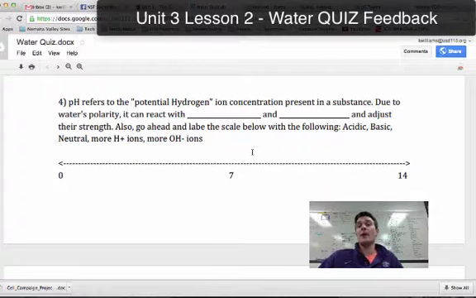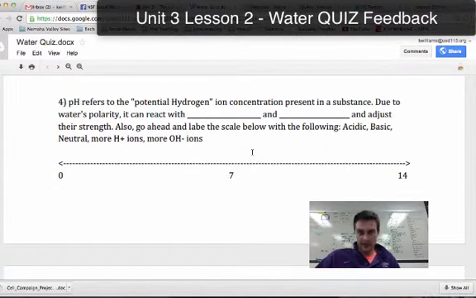Number 4 talks about pH. Your book's got a fantastic little diagram showing you some household items, common everyday items, and what their potential hydrogen ion concentration may be. The 2 blanks there, due to water's polarity, it can react with acids and bases and adjust their strength. So water is what we call a buffer when we start talking about how it can dilute, all right, or be a solvent for acids and bases.